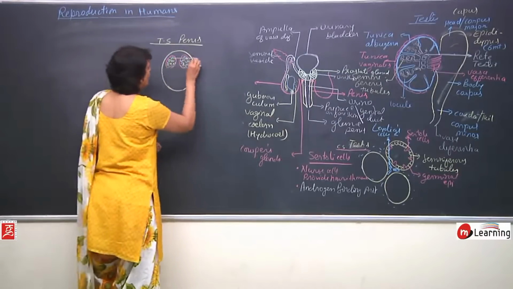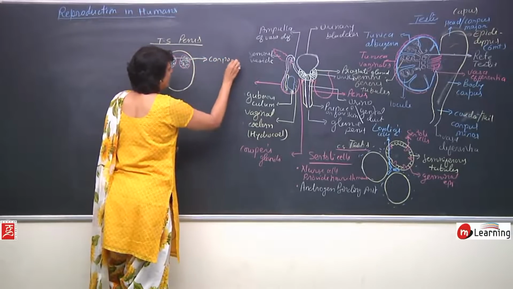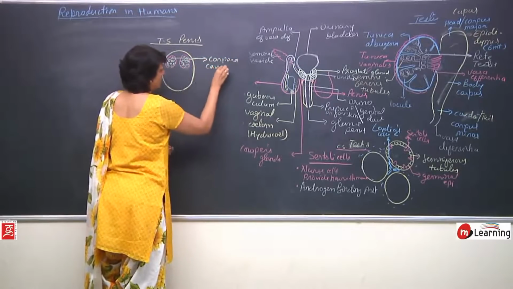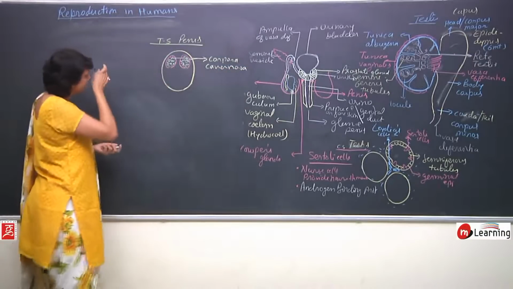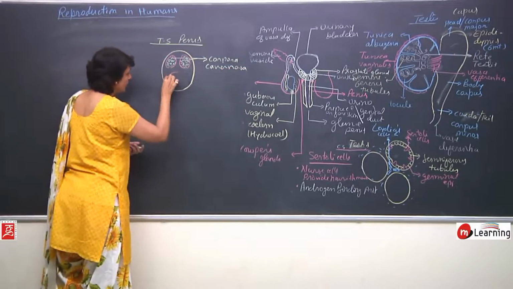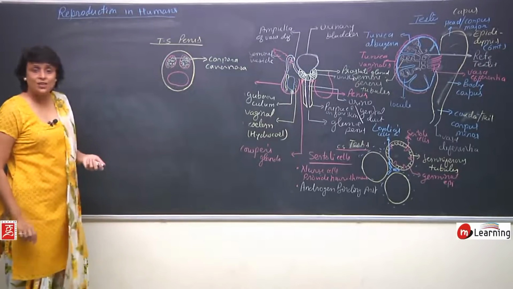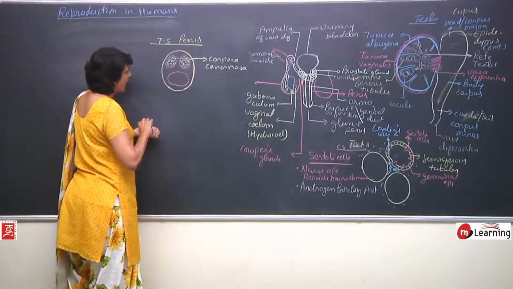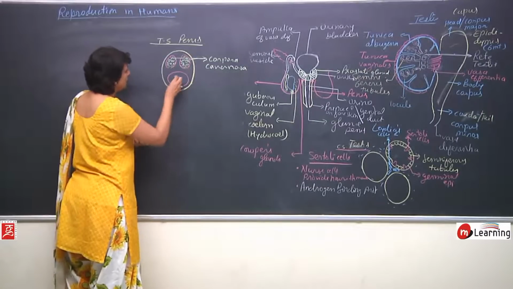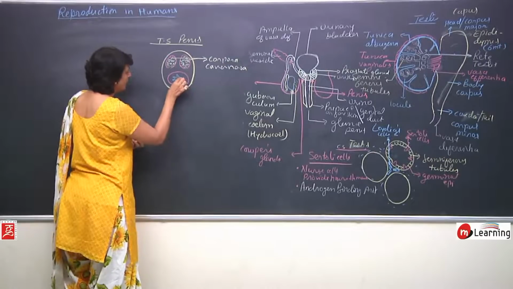These 2 are known as corpora cavernosa, and anteriorly there is one which is also highly vascular, but there is an opening which is seen inside this. There is a duct which is cut.